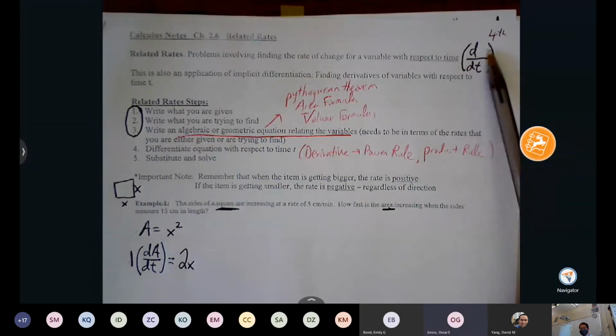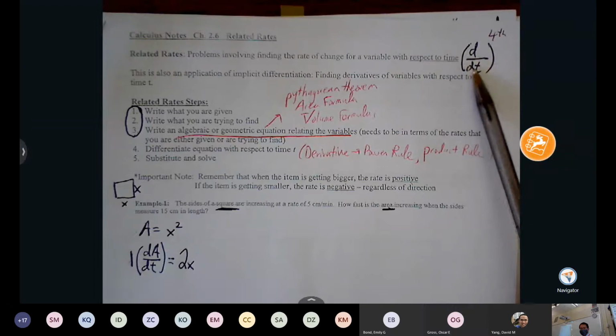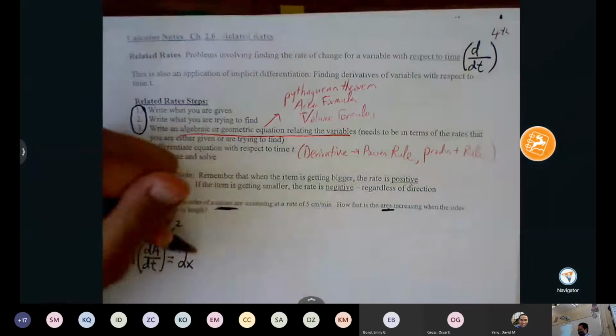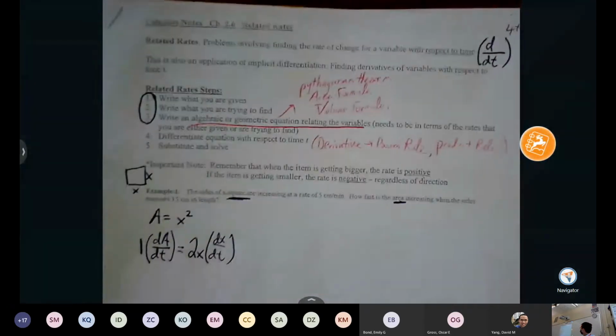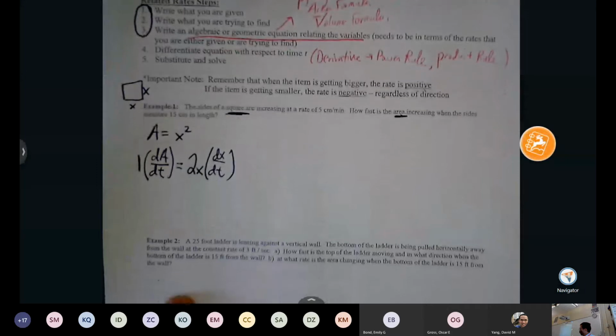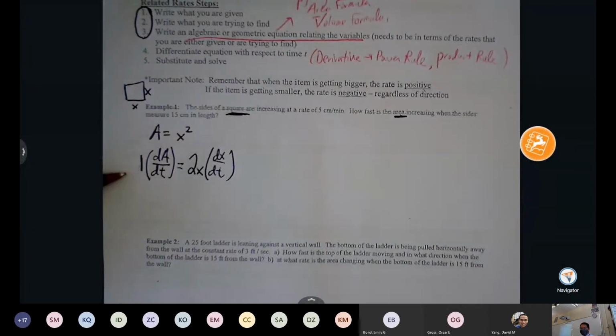Good. The d over dt is always the same, but depending on the variable, we're going to fill in that space with the appropriate variable. All right. Any questions from equation to derivative? Okay, good.